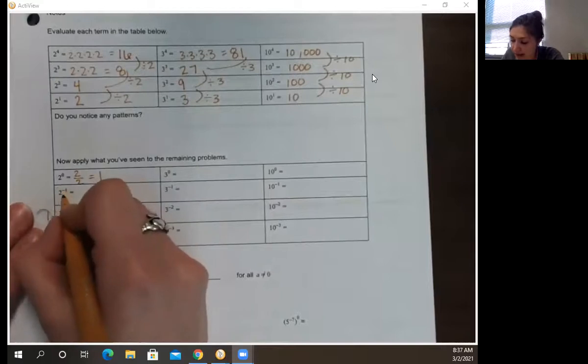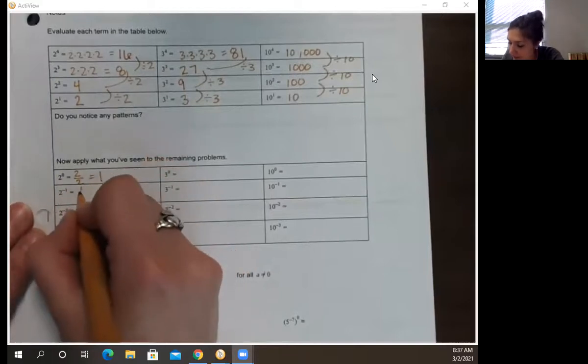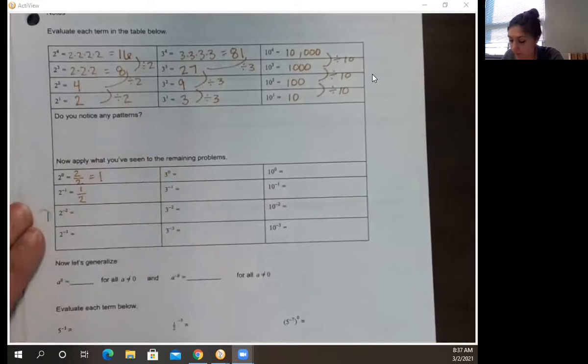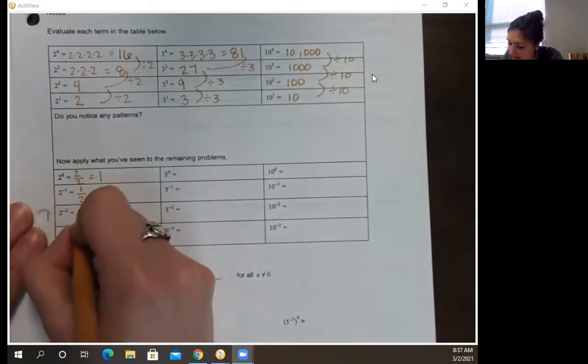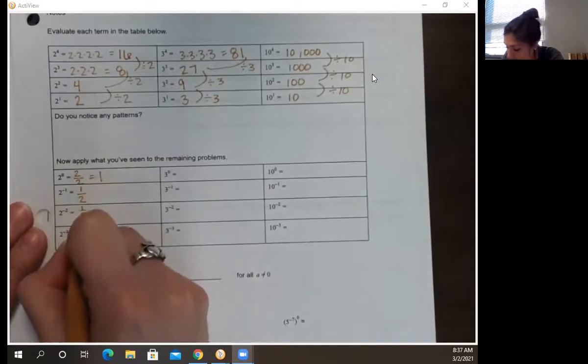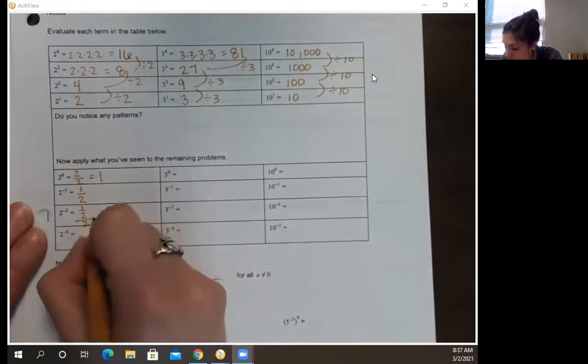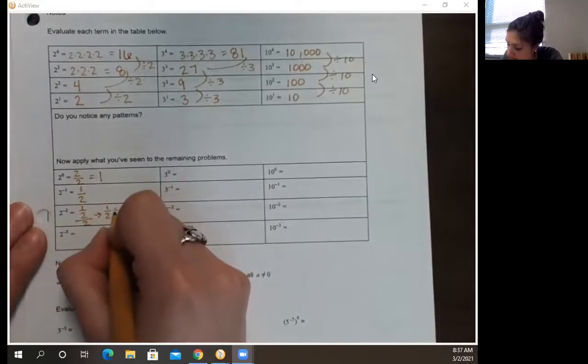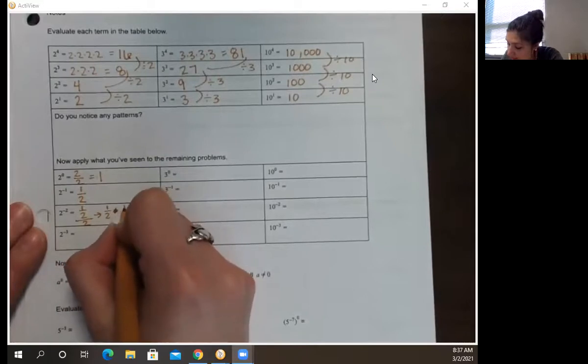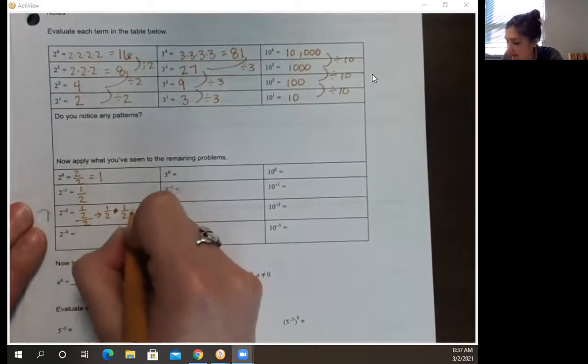Now, if I reduce the power again, I could take my last answer and divide by 2. That would just be a half. And now if I reduce the power again, I could take my last answer and divide by 2. So this one we just need to simplify a little bit. 1/2 divided by 2 means I would have to multiply by a half since we've got fractions here.